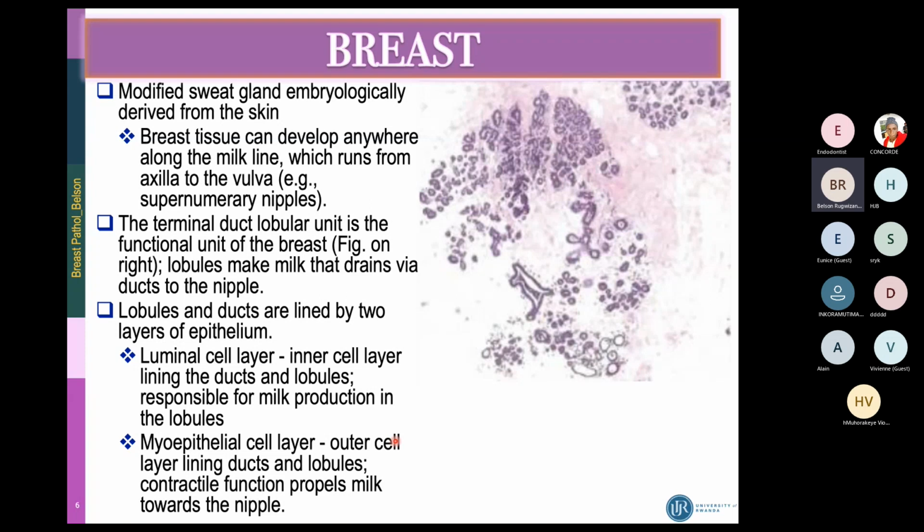For prostate, when they contract, they propel the prostate fluid towards, let's say, the urethra. So this is in general the normal breast, how it is made.